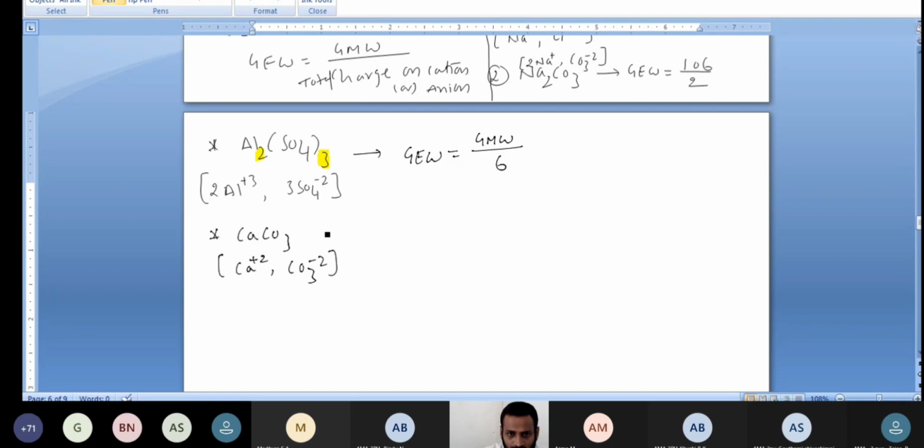So for CaCO3, the gram equivalent weight is 100 by 2. Here I wrote the gram molecular weight 100, but for Al2(SO4)3 I did not write it because it is somewhat big. If you want, I can write it like this: aluminium 27, sulfur 32, and oxygen 16.